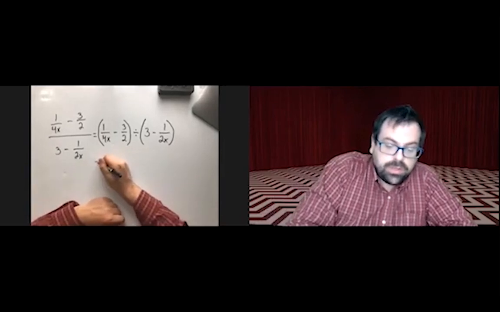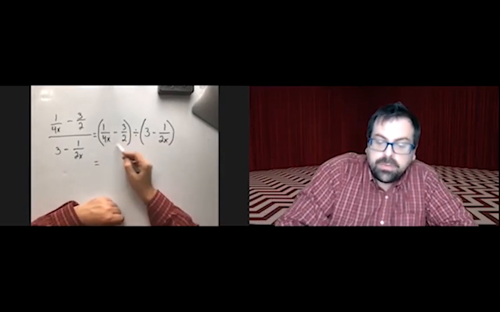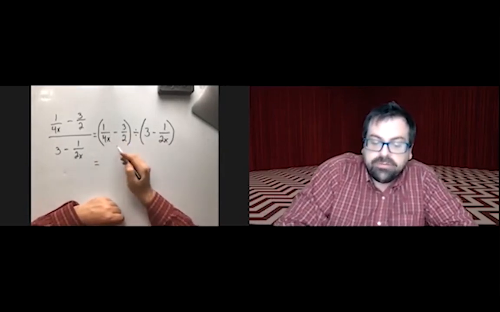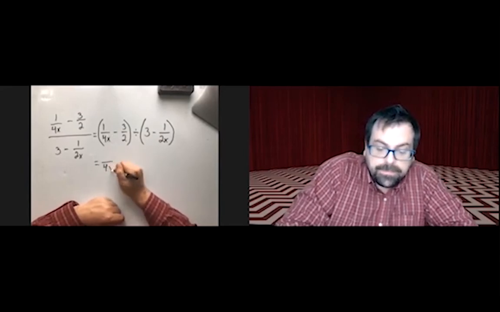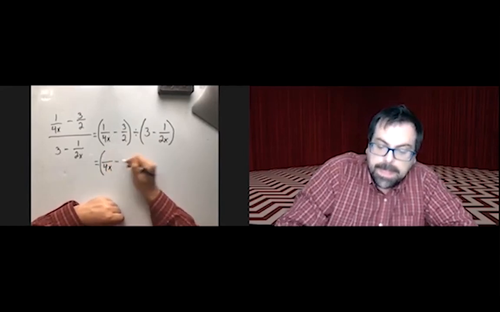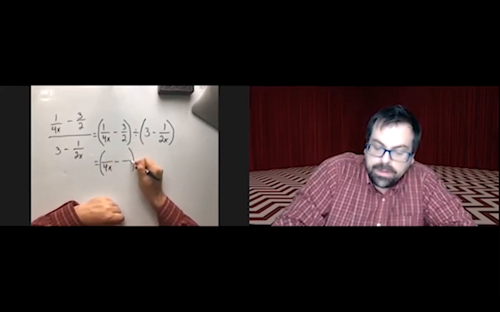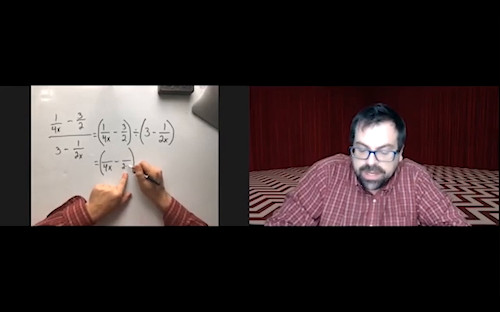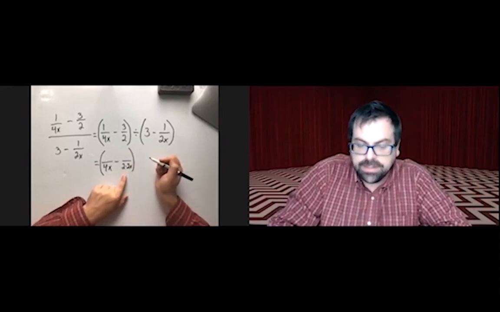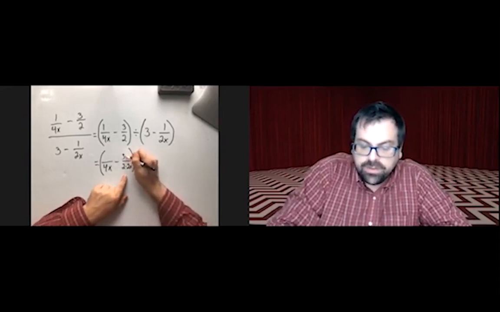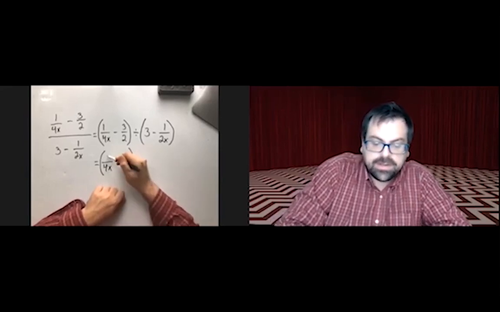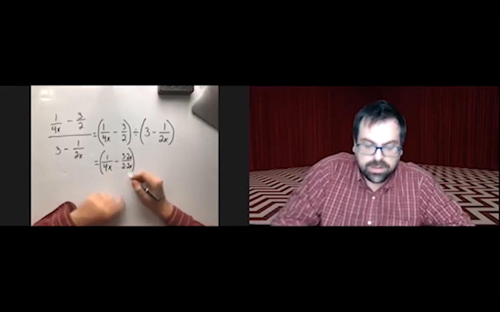So we'd subtract these two. We would have a common denominator of 4x. Two times what gives us 4x? 2 times 2x. So we would have to do the 3 times 2x. Nothing changes here.